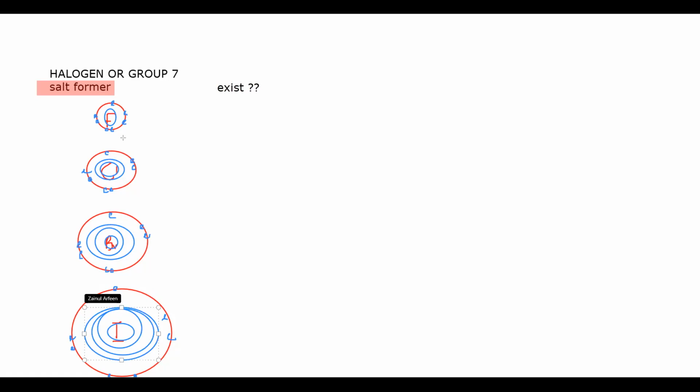But they have the same number of electrons in the outermost shell, so they all belong to the same group, and that is group 7. So how do they exist in nature? Fluorine is a pale yellow gas.